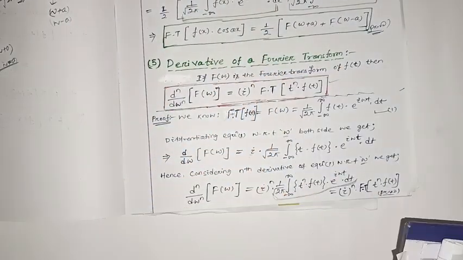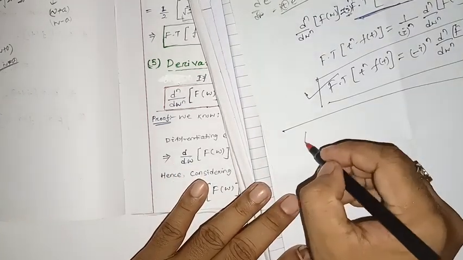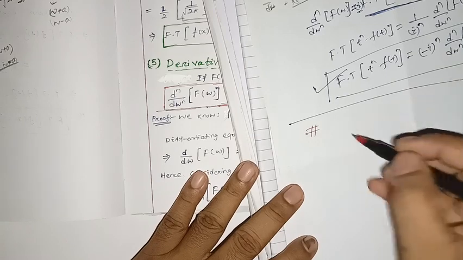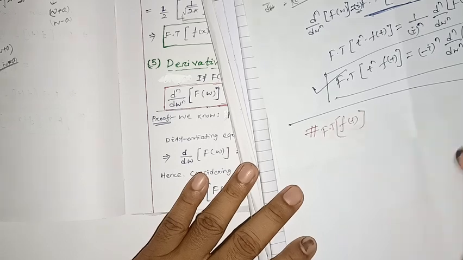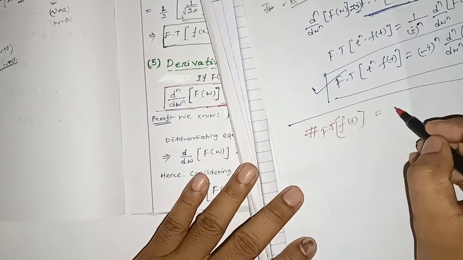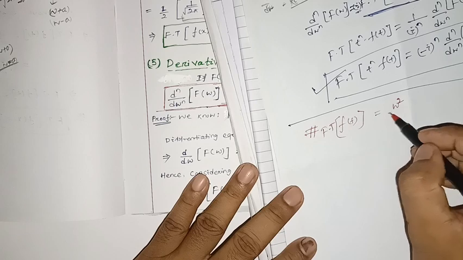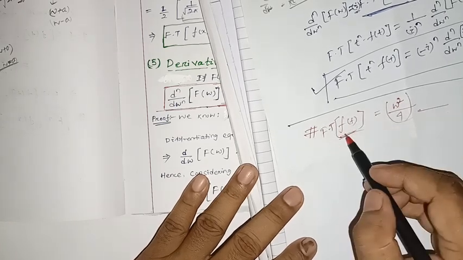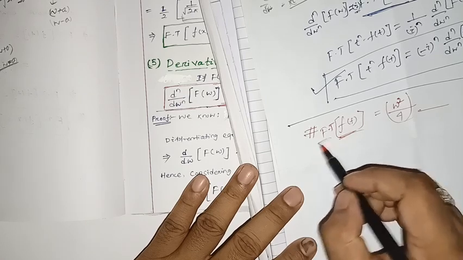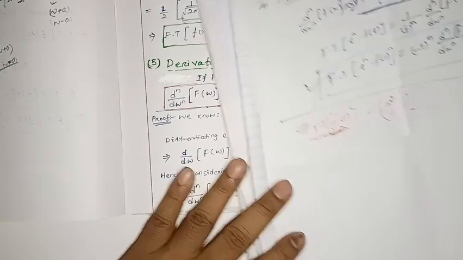Using this property, I am going to explain what type of question you can face in your exam. Just watch. Suppose there is an arbitrary function f of t, and in the question it is given that the Fourier transform of f of t, an unknown function, is omega square by 4.